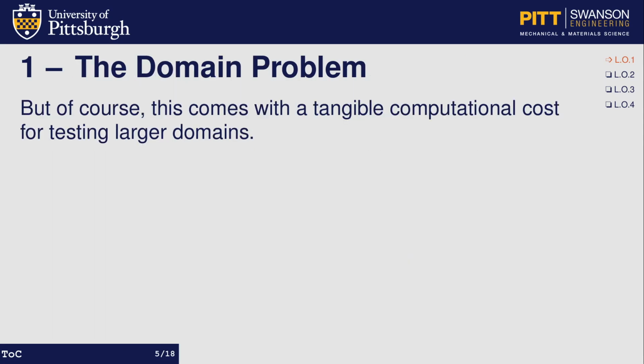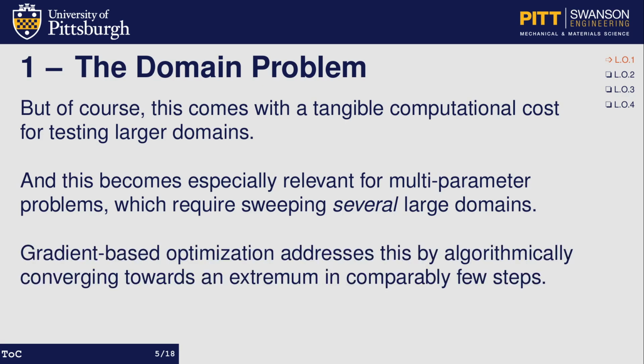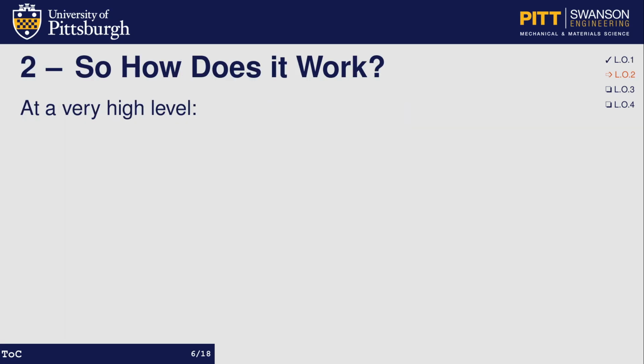But, of course, this comes with a tangible computational cost for testing larger domains. This is especially true for multi-parameter problems, which requires sweeping several large domains. Gradient-based optimization addresses this by algorithmically converging towards an extremum in comparably few steps.